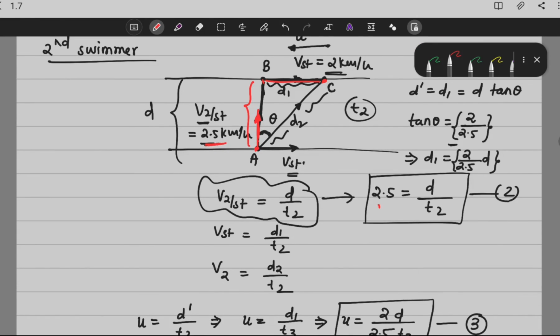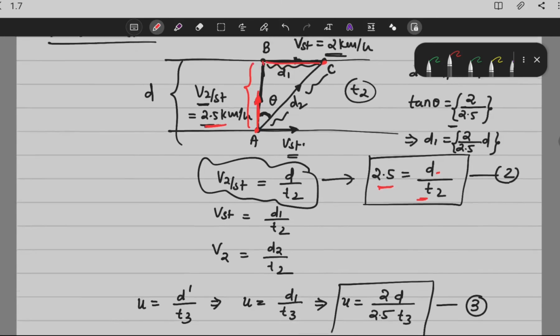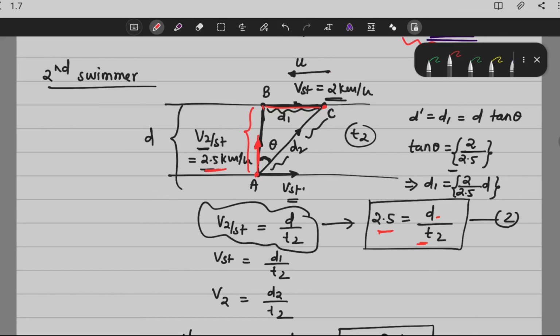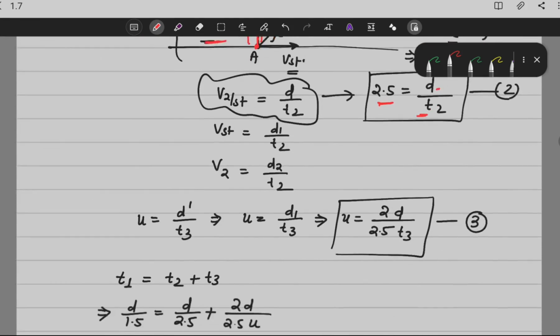So that's why we have written 2.5 is equal to distance upon time taken to go from here to here, which is t2, and then from here to here it is going with velocity u, and this particular distance is d times tan theta, and tan theta we have found out from the velocity in this direction divided by velocity in this direction.